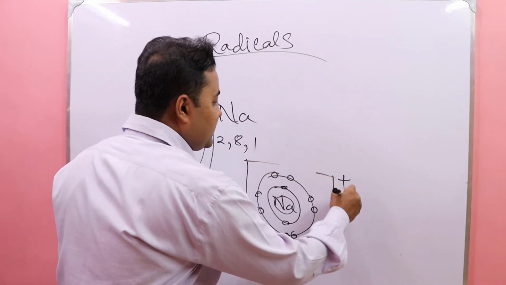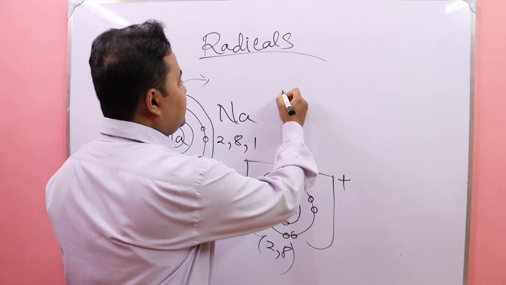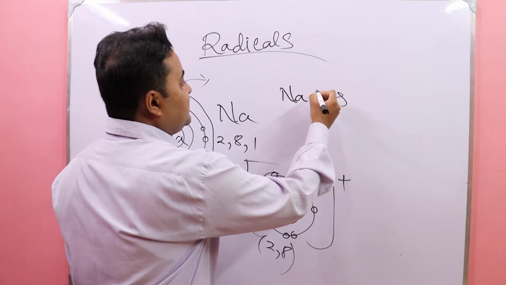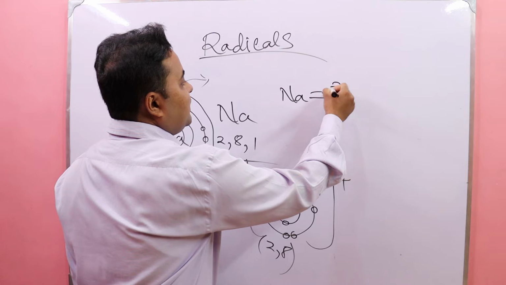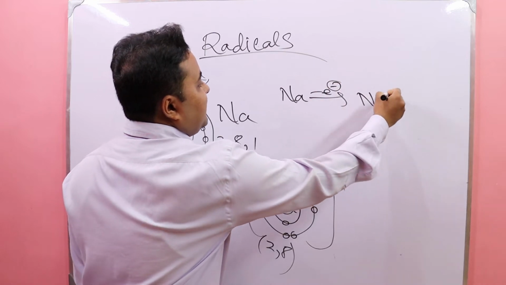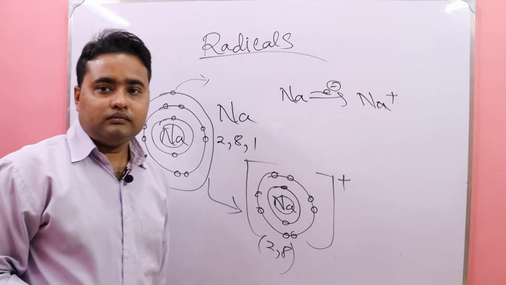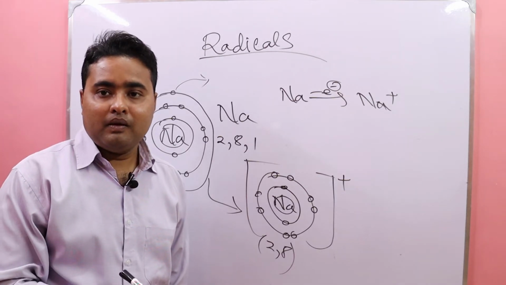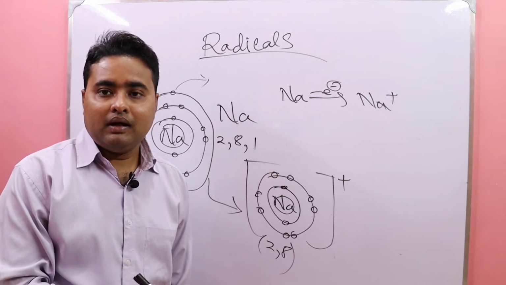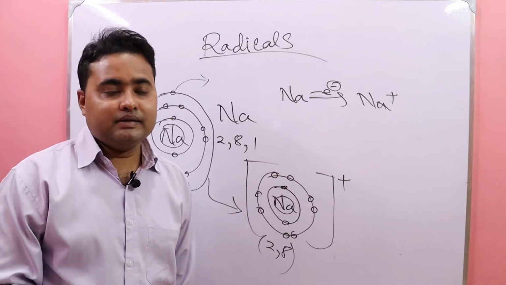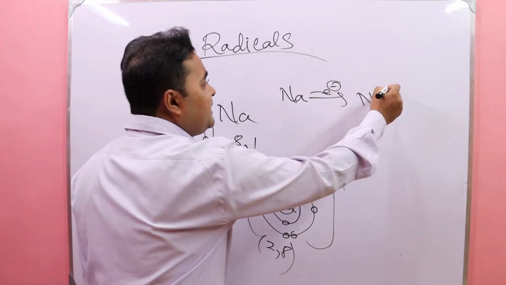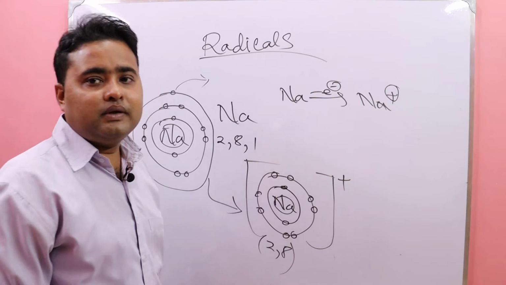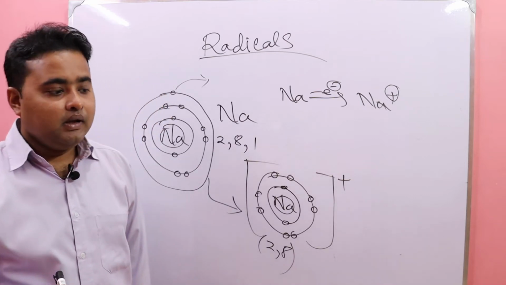So sodium, when it removes an electron, becomes sodium plus. And the neutral sodium atom becomes a radical, that means it carries a positive charge, so it becomes a radical.